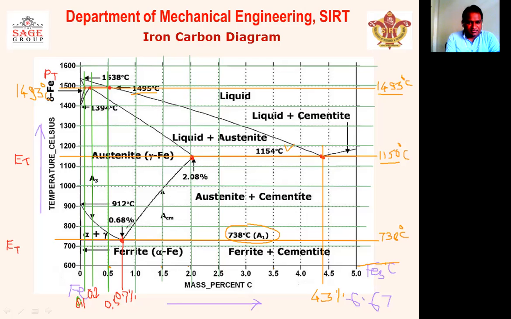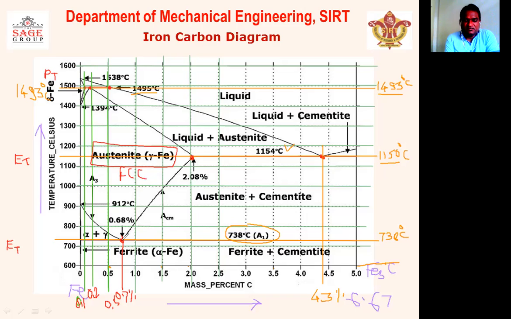So dear students, you can see above this point the phase available is solid gamma iron, also known as austenite. Above this temperature and in this phase, the alloy is available in the form of austenite, a single solid. Its crystal structure is FCC.